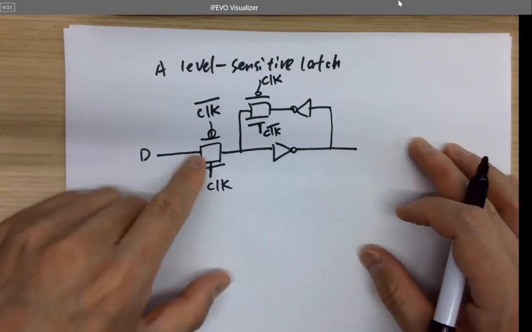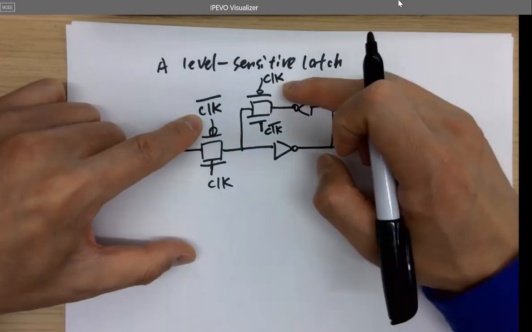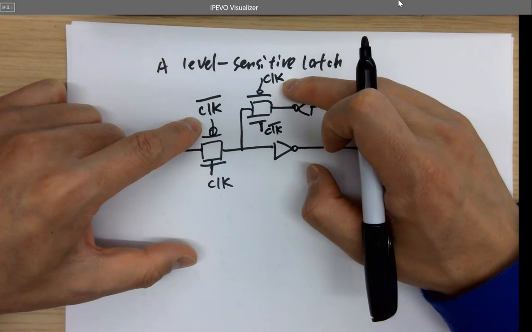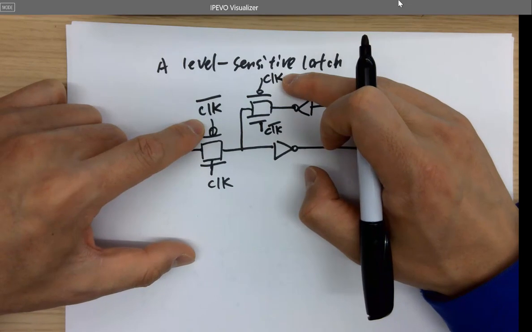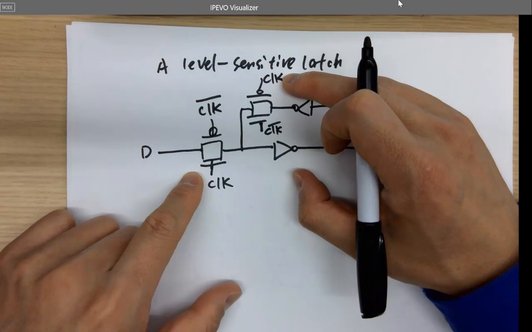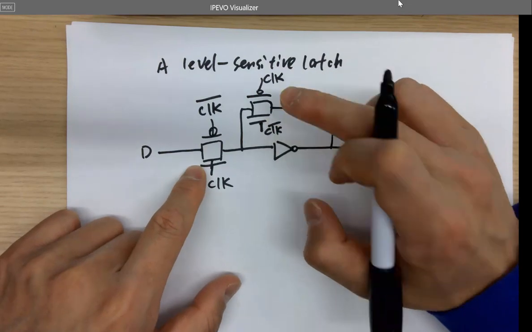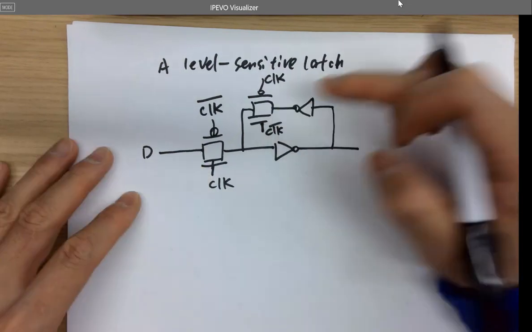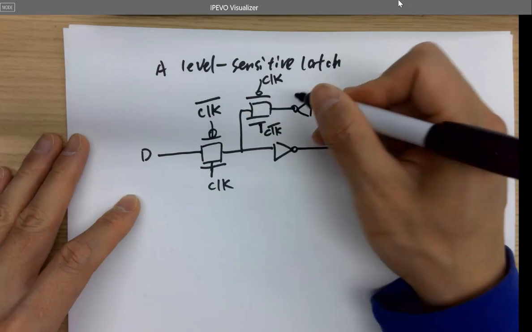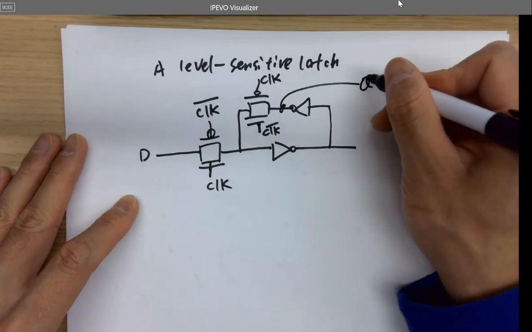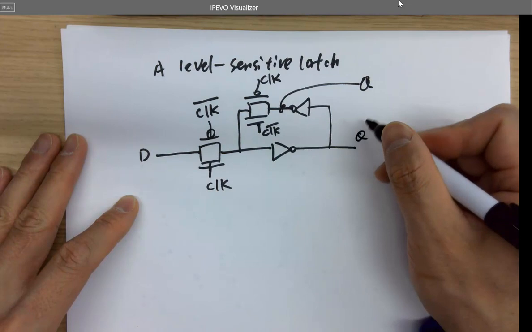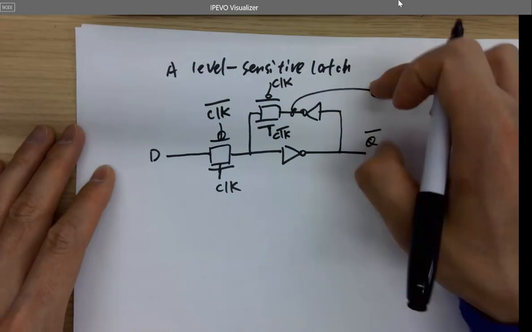Pay attention to here. The PMOS signals are getting inverted. So if this transmission gate is on, this is off. If this is off, this is on. And here's Q. Are you familiar with that? Right. This is Q now.